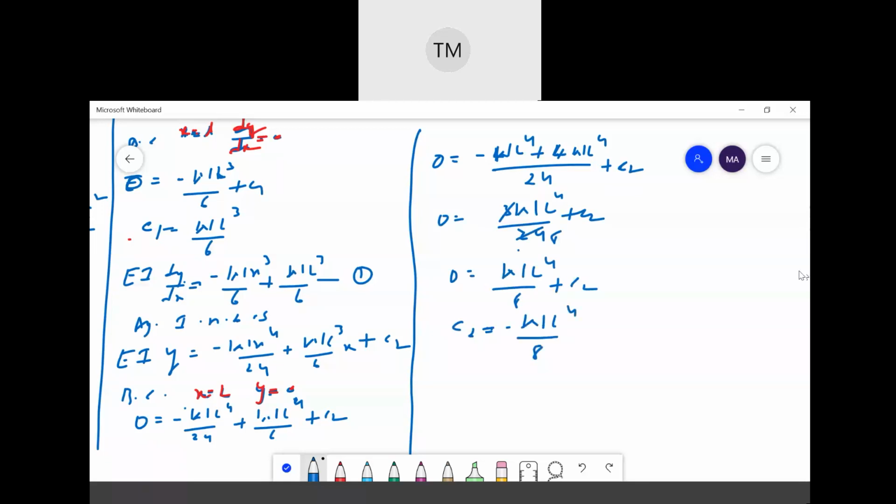Substitute in this equation, EIY is equal to minus WX to the power of 4 by 24 plus WL cube by 6 into X plus C2 value is minus WL to the power of 4 by 8.